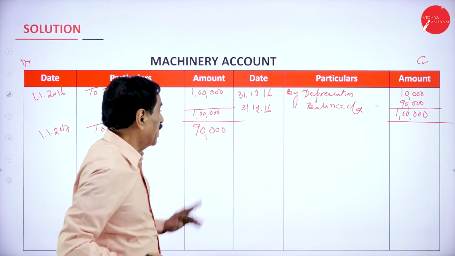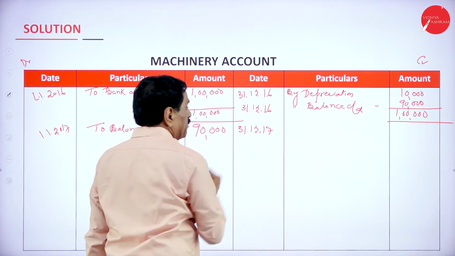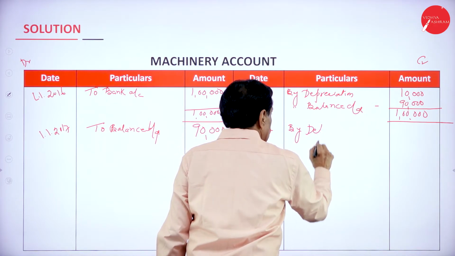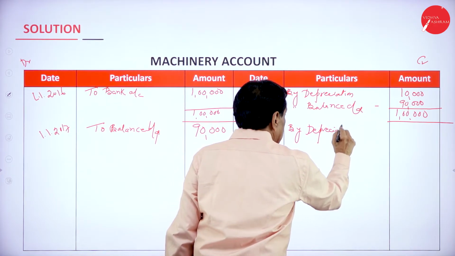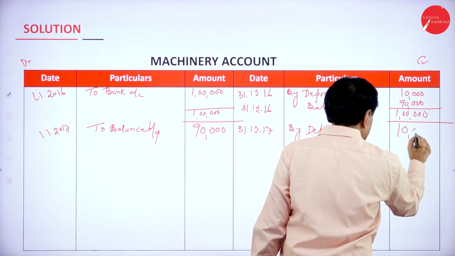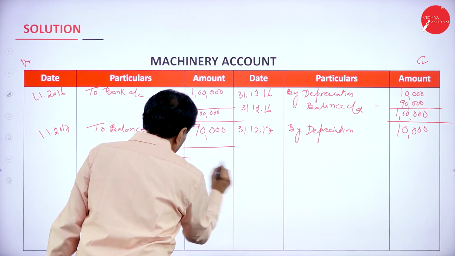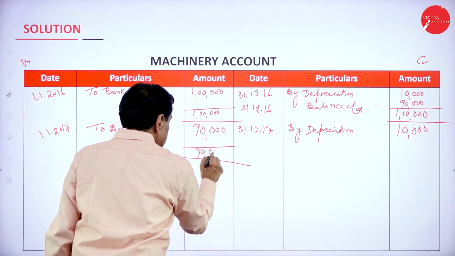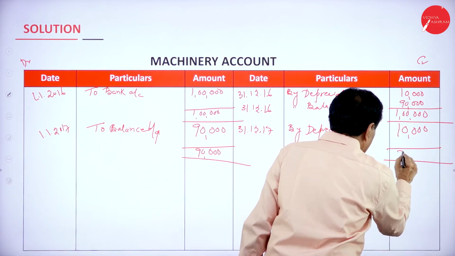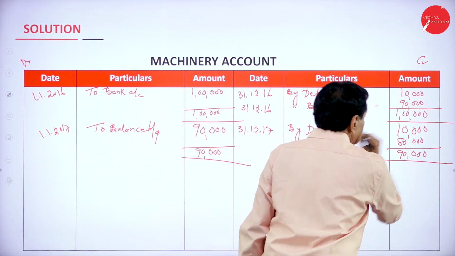Depreciation remains constant. 31st December 2017, by depreciation 10,000. Bring out the difference: 90,000 minus 10,000, the difference is 80,000.